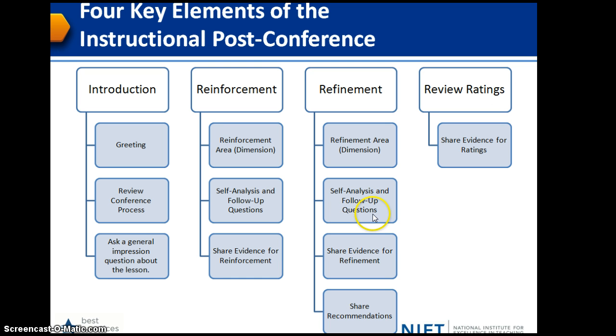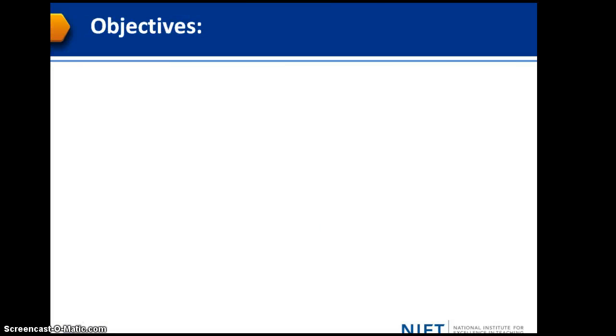They'll do a self-analysis and follow-up questions. They will share their evidence for why they picked that as refinement, and then they'll share recommendations with you. Then you'll review the ratings, and they'll share the evidence for the ratings. This is how they have to structure that post-conference, just so you know. But this is great, and it gives you an idea of what to work on, the good things that you're doing great, but the other areas you need to work on. Remember, we're all working. We're all getting better, and T-Test really lends itself to that type of growth.